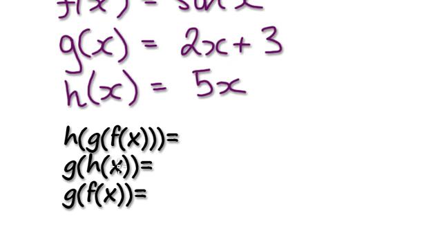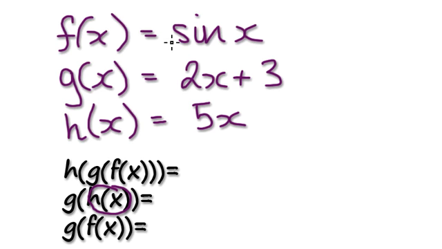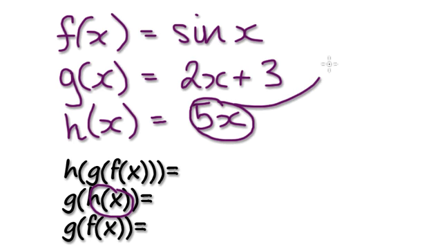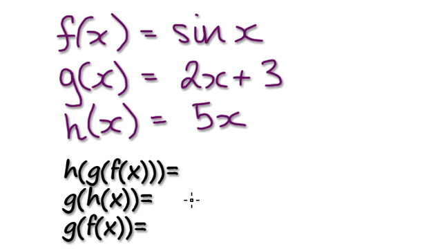Okay, now the second one, put h of x. So h of x here. Put h of x into g. So that means it goes in here. So you can imagine this as being 2, and then 2x here, and then plus 3.